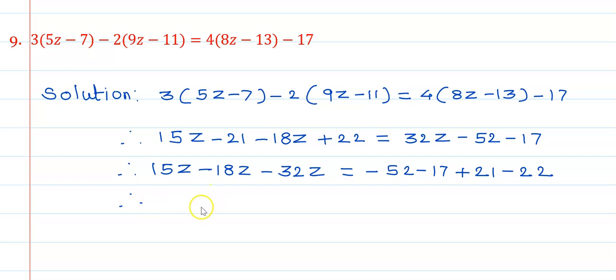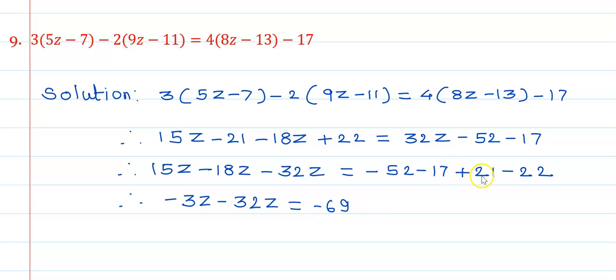Now 15z minus 18z, you will get minus 3z minus 32z, and that equals 52 minus 17, here you will get minus 69.